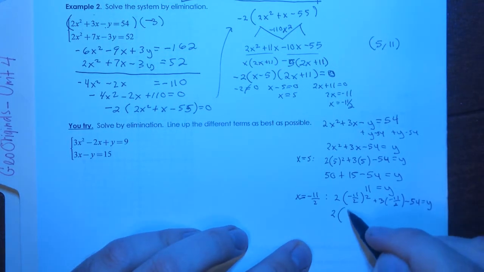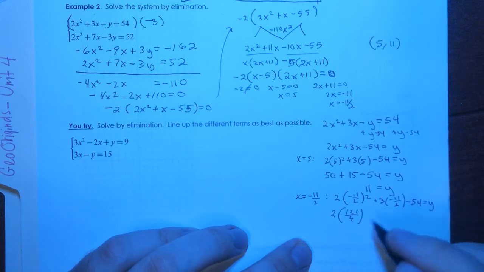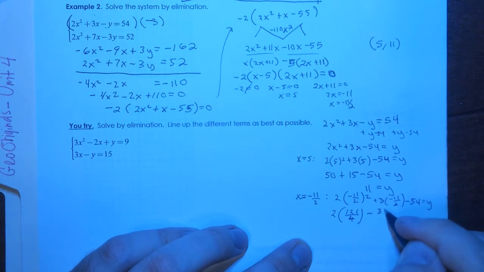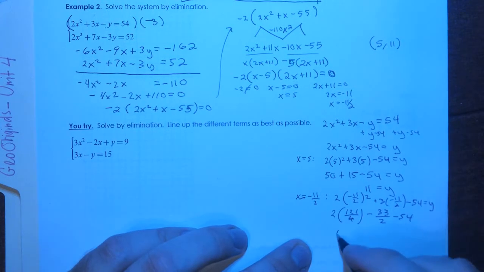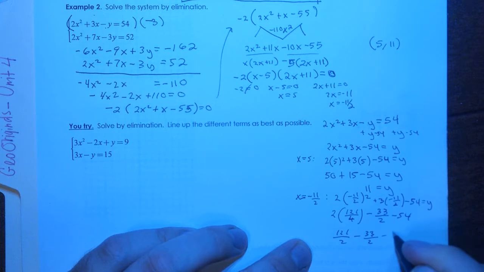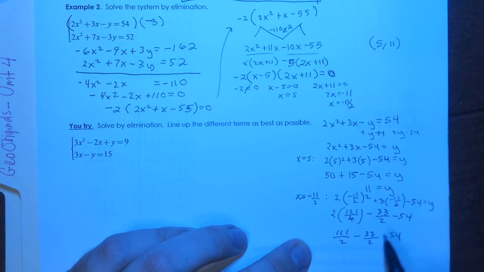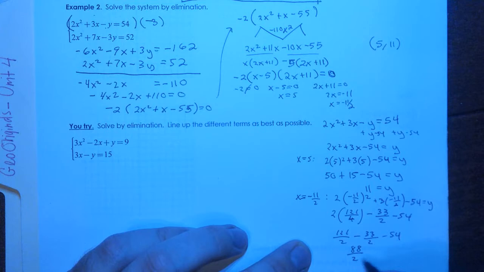This is 2 times 121 fourths minus 33 halves minus 54, which is 121 halves minus 33 halves minus 54. 121 halves minus 33 halves is 88 halves, or 44.